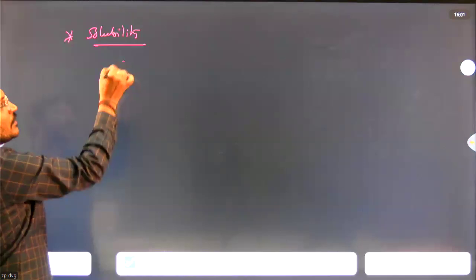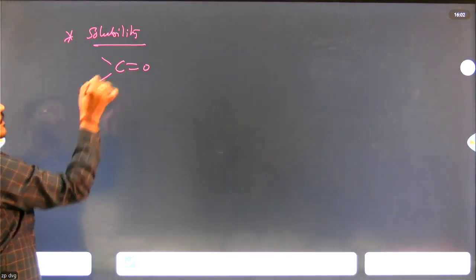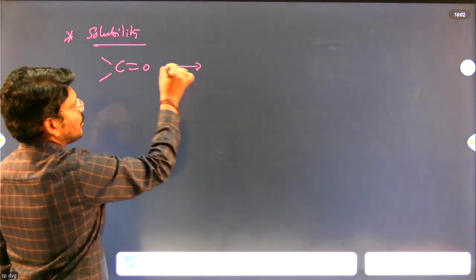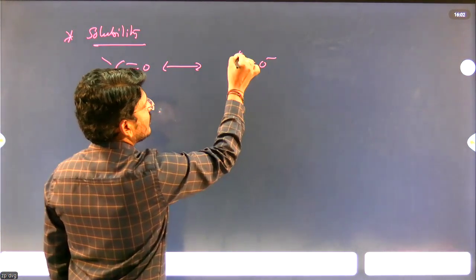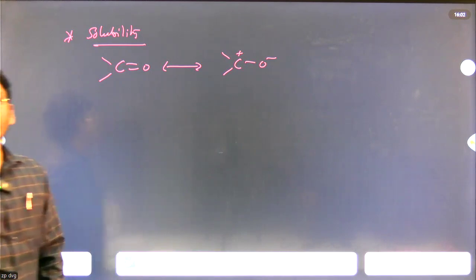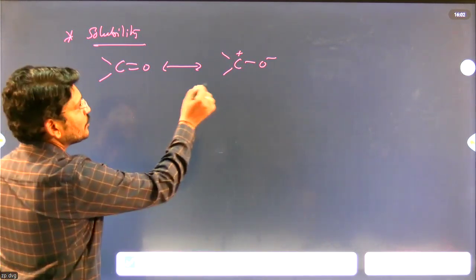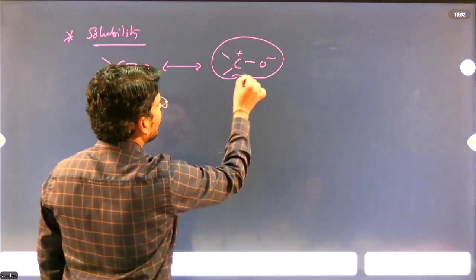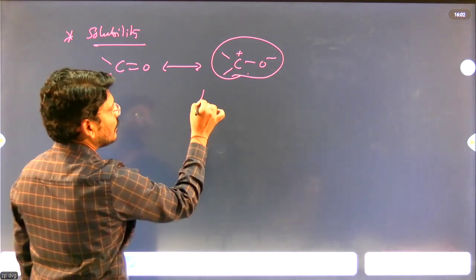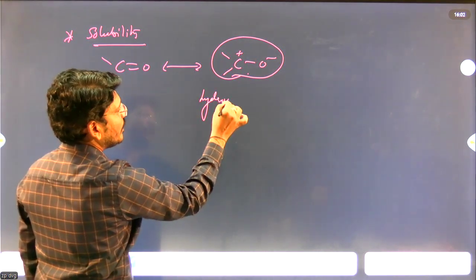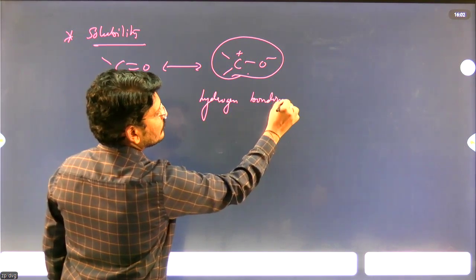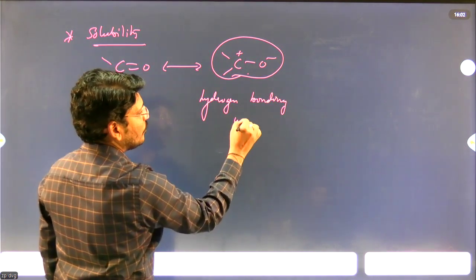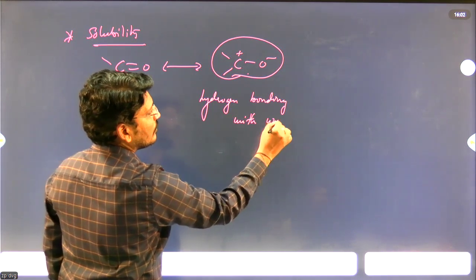Here the carbonyl group, due to this particular polarity, C=O here minus and as well as plus, has a polarity. So due to this polarity, what happens? They can easily form hydrogen bonding with water.